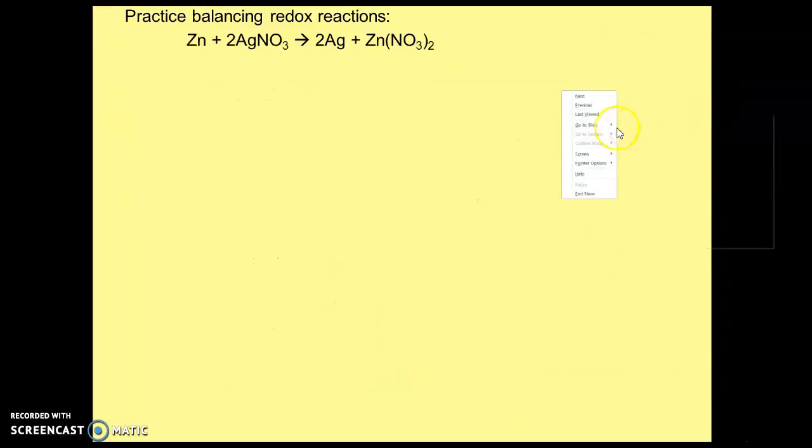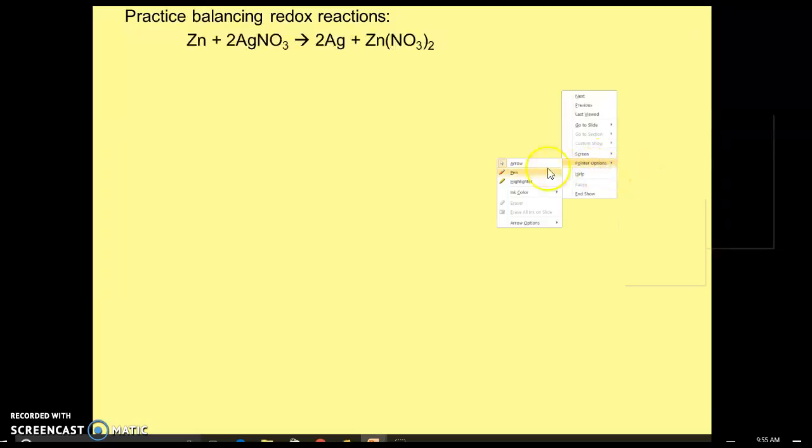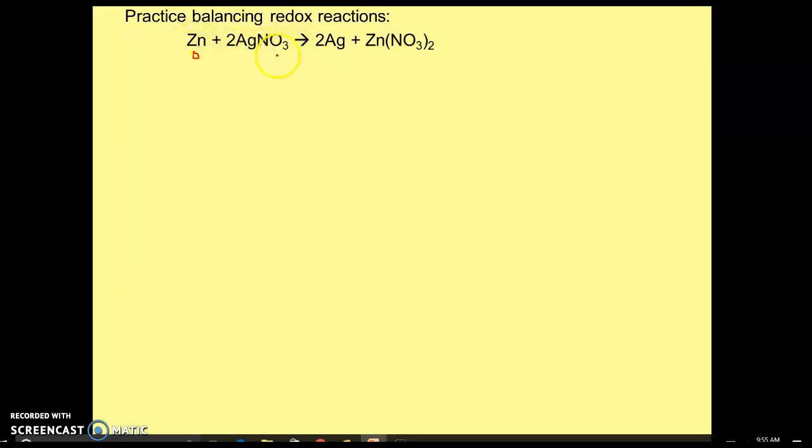All right, practicing balancing redox reactions. The first thing we need to do here is figure out oxidation numbers. Zinc is going to be 0. Remember, the metal gets oxidized. Here we're going to have -2, -2, -2.